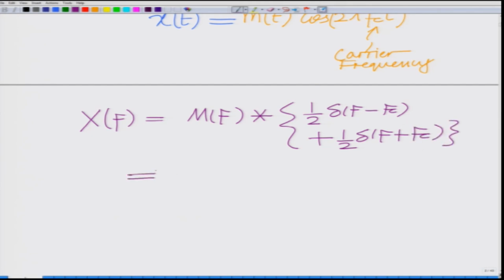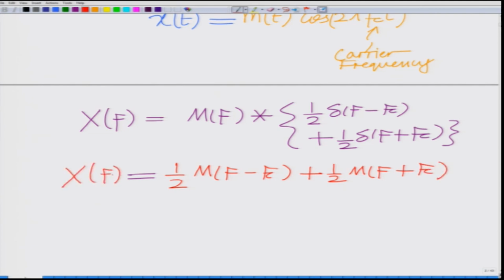We have already seen this spectrum is equal to half M(f minus fc) plus half M(f plus fc). This is the spectrum of the modulated signal.